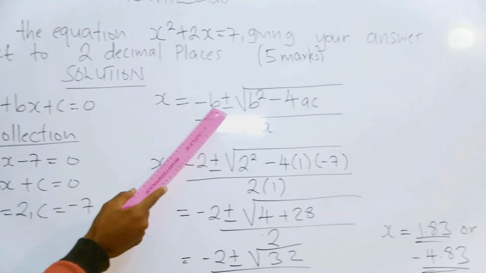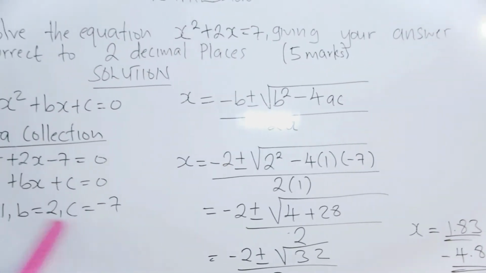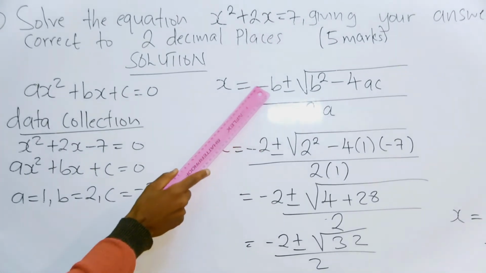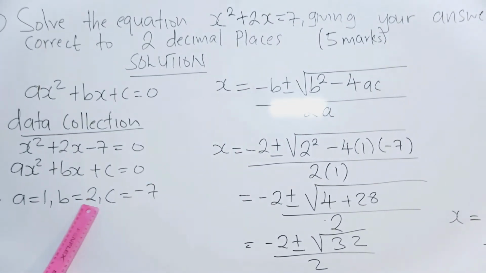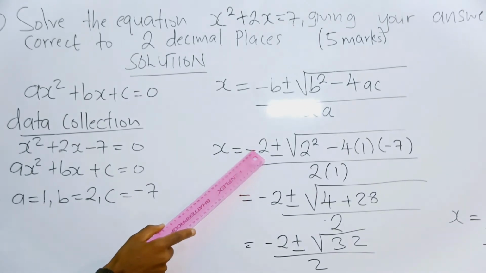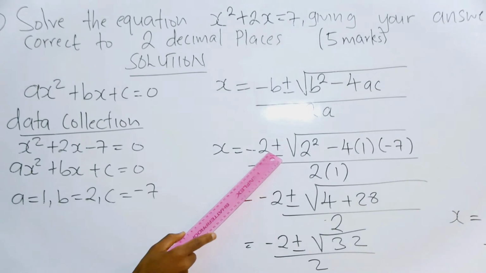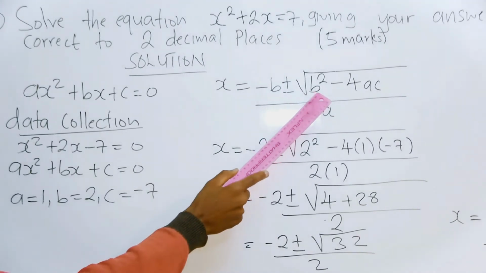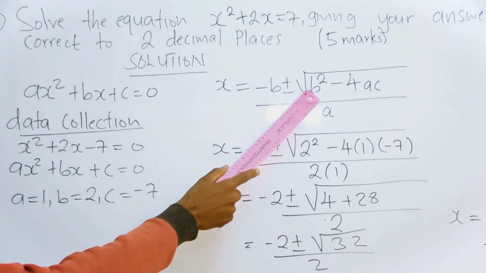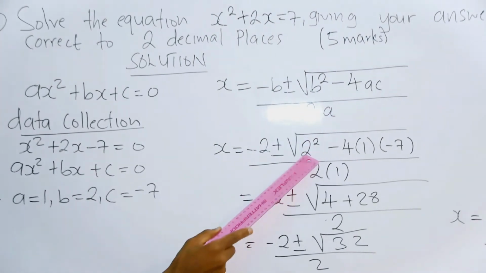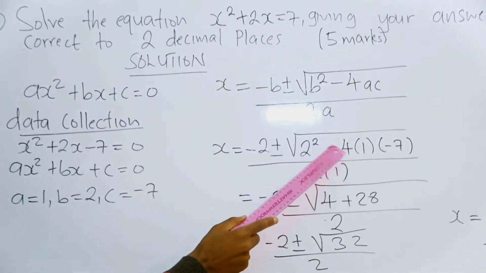Under b there, I've got 2, that is the negative 2 that you're able to see. In the formula we've been given a negative, that's why this positive 2 is now carrying a negative there. Positive or negative, that is the plus or minus that we're able to see there. Inside the formula we've got b squared, and the b, as we have discovered, is equal to 2, so it is 2 squared. Minus, that's the minus sign.